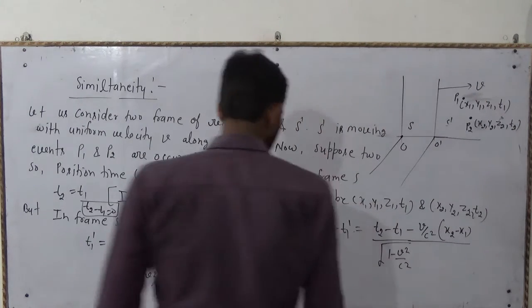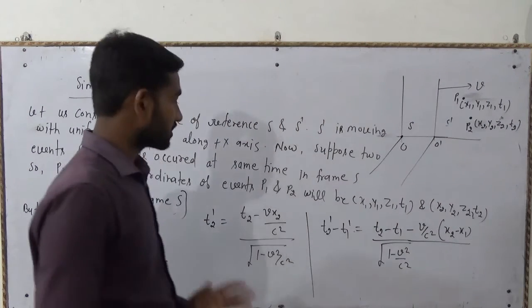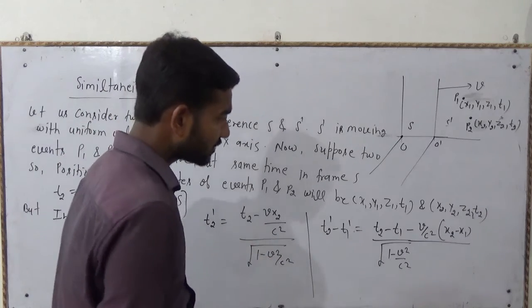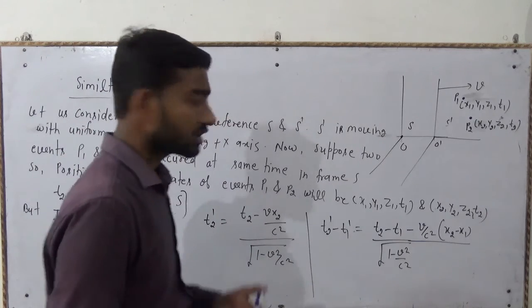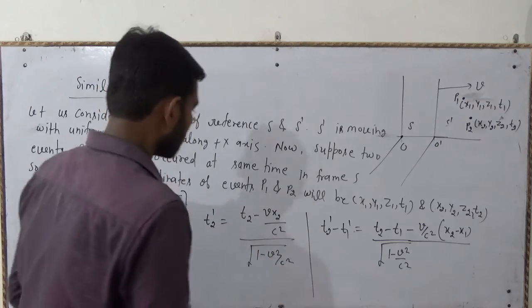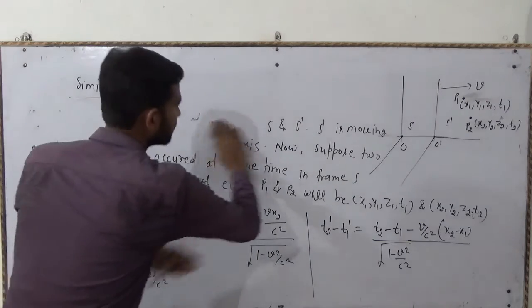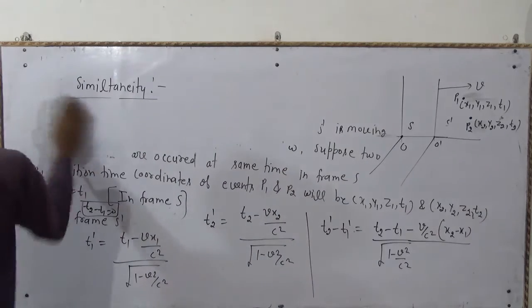Friends, this is the simplification of T2 dash minus T1 dash. You can also simplify in your own way.